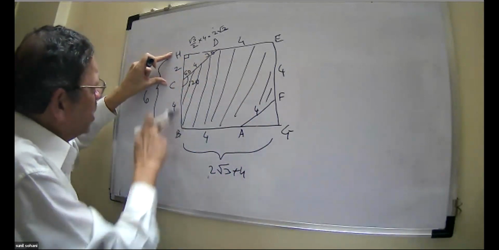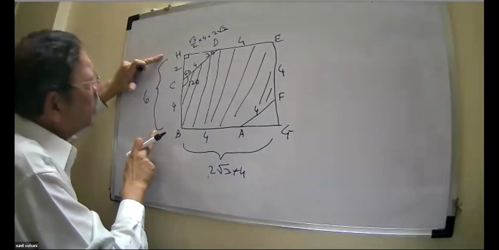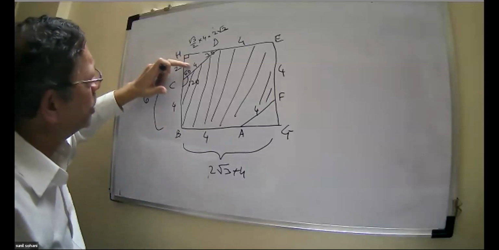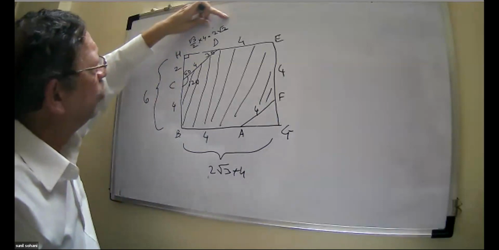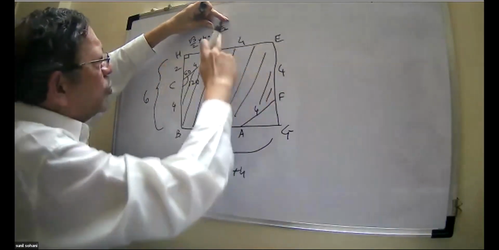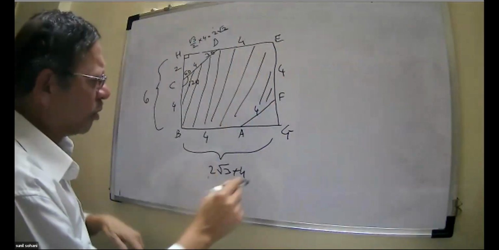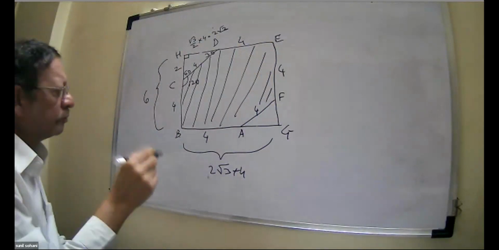So you can see BC is already given as 4 plus 2, the total distance is 6. And the side opposite to 60 will be root 3 upon 2 times the hypotenuse 4, and that value calculated is 2 root 3. So the total distance from H to E is 2 root 3 plus 4, which I have written in the bottom. And now we are going to find out the area of this rectangle.